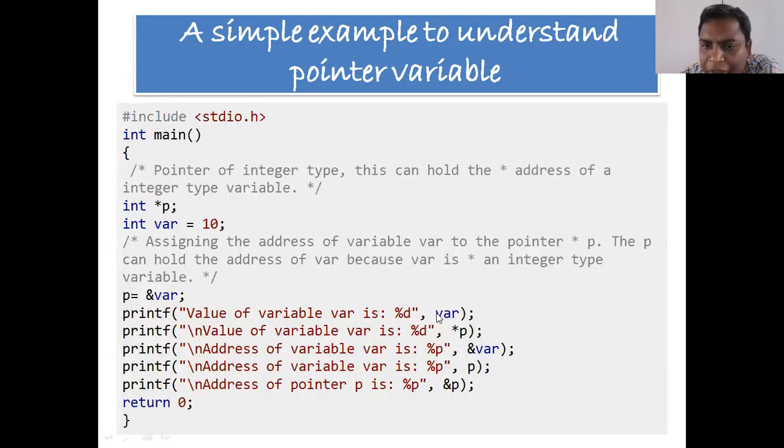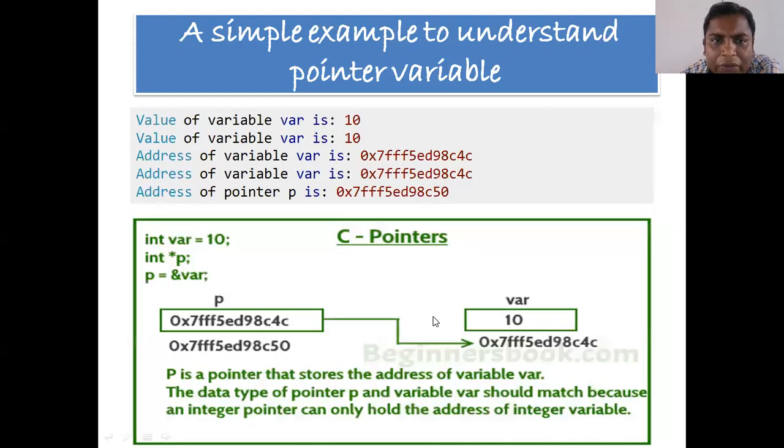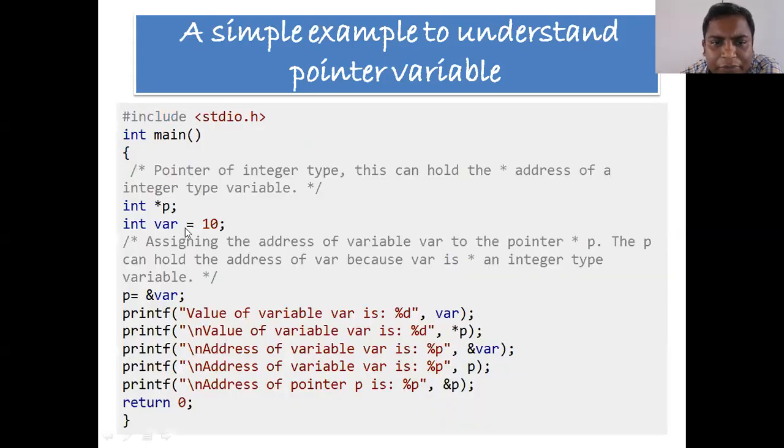Again, let us go back to the program. We are simply printing var. Var will give you the value of the variable var, so the output is: value of variable var is 10. Then, value of variable var is %d.